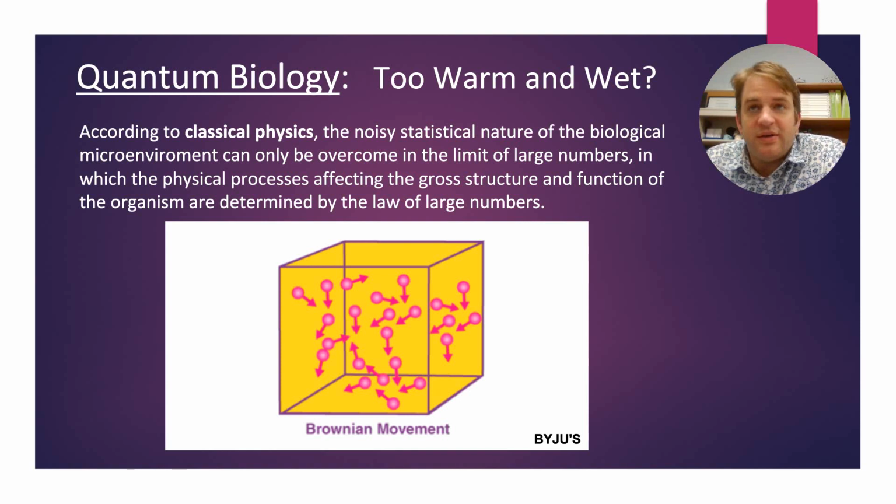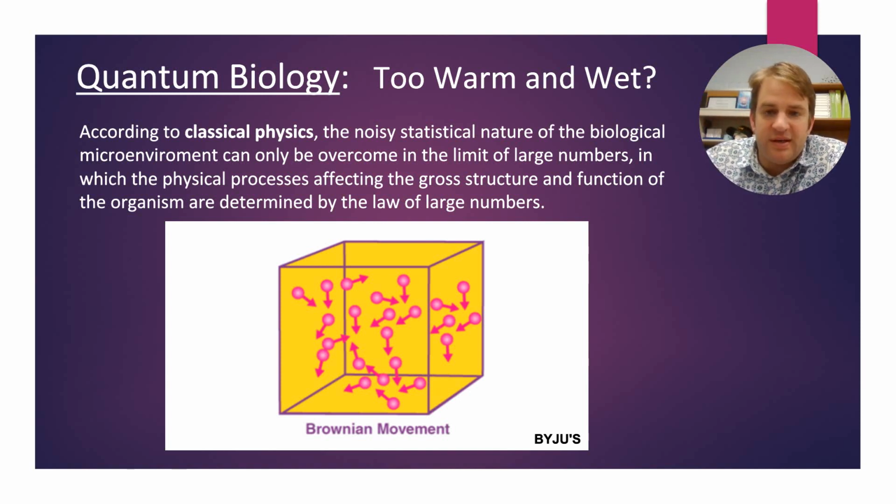So, this suggests that, at least according to classical physics, we wouldn't see any real structure or function in an organism except on the macroscopic scale, the scale of its gross anatomy, because the microscopic scale is just too noisy. The atoms and molecules are jumbling around, naturally washing out any formation of any structure as it develops.